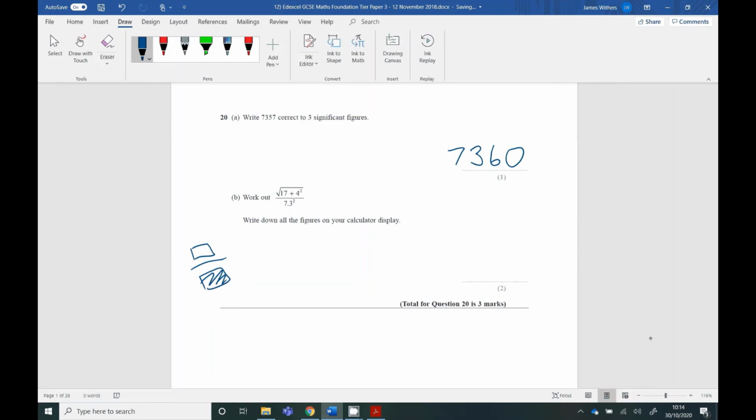Use your arrow key to go down to the denominator and pop in 7.3 squared. And then if you do that successfully, it says you've got to write down all the figures on your calculator display. So that's going to be 0.1077981356. Your calculator might have a different number of digits.